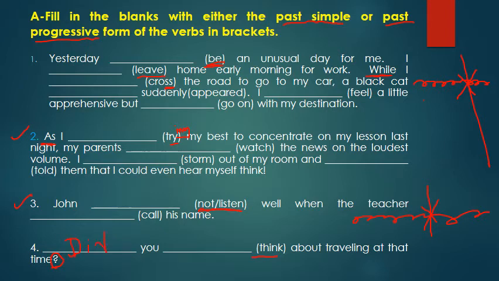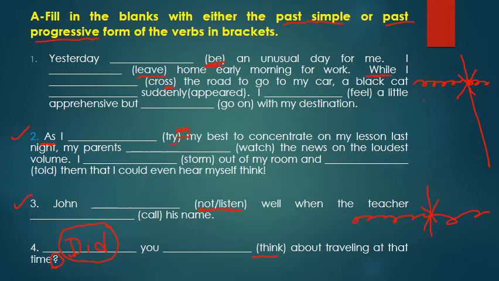Remember the golden rule. In all cases except when there's a verb to be, when I want to express an action in the negative in the past simple, I need to add the verb did, which is the past tense of the verb do. Did you think?